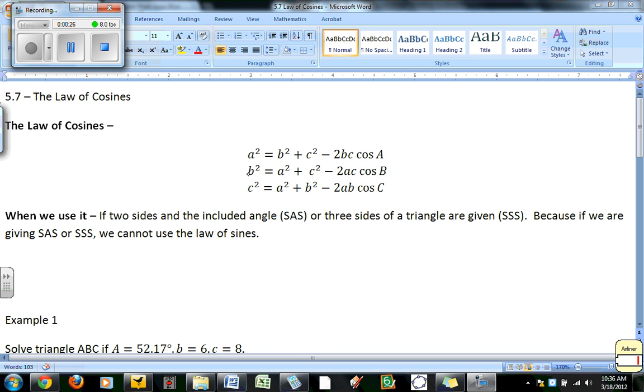I wrote it out 3 times in case some of you like looking at this, knowing what sides you have. If you just want to know one of these, know how it goes: this a squared here, this number outside, is the unknown side, or the side opposite the angle given.